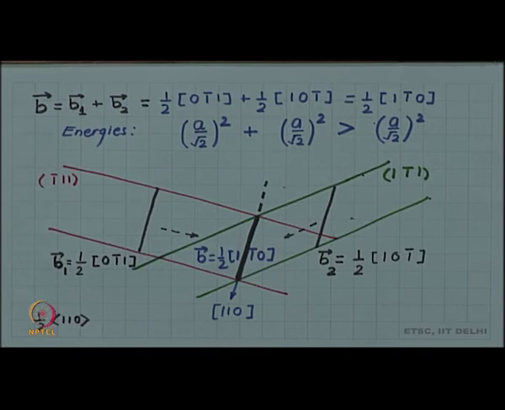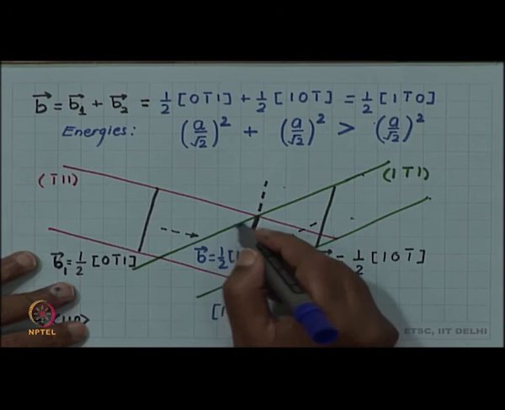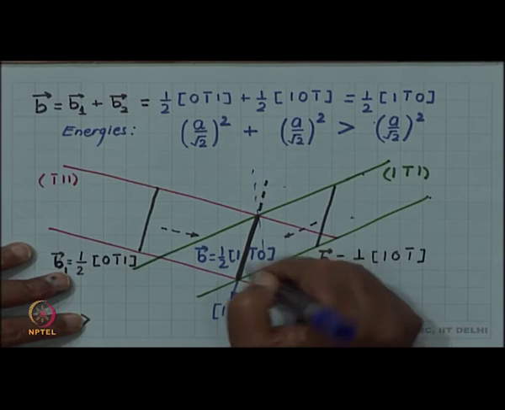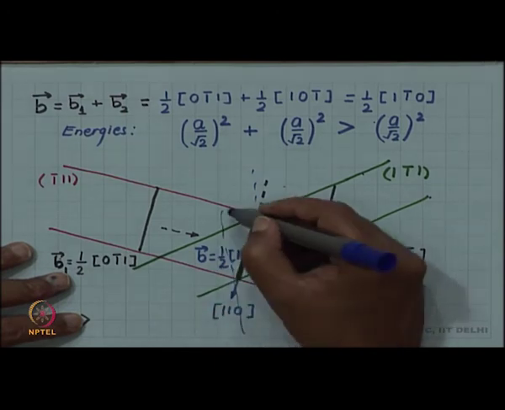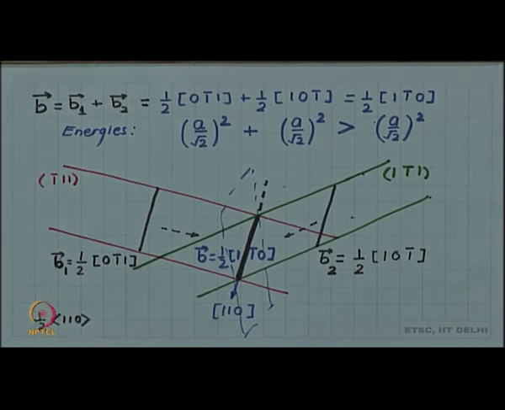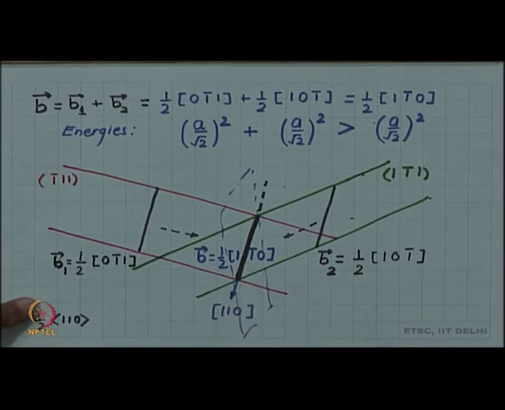What will be the slip plane of such a dislocation line? So, you have to find a slip plane which contains this dislocation line. So, let me draw that slip plane somewhere, which contains this 1 1 bar 0 vector and 1 1 0 vector.